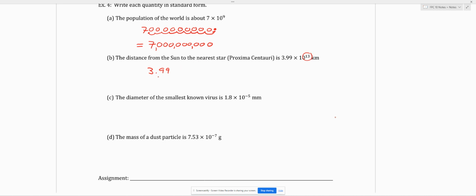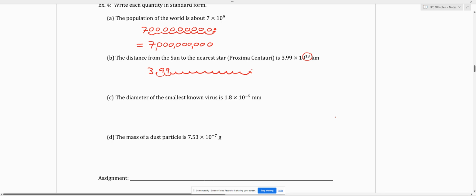So we're multiplying by 10 13 times. So move it to the right 13 times. So I'm going to go 1 between the 9s, 2, and then 11 more. So 3, 4, 5, 6, 7, 8, 9, 10, 11. Let's double check. 1, 2, 3, 4, 5, 6, 7, 8, 9, 10, 11, 12, 13.